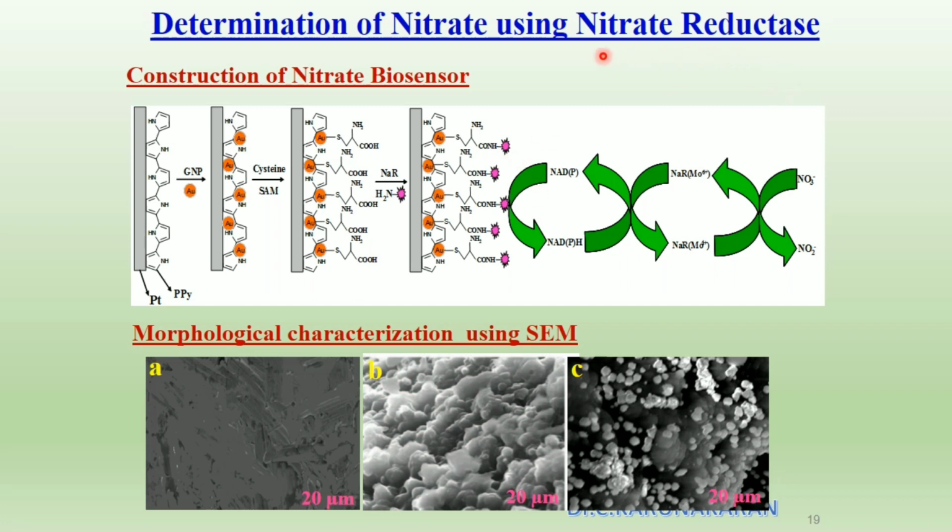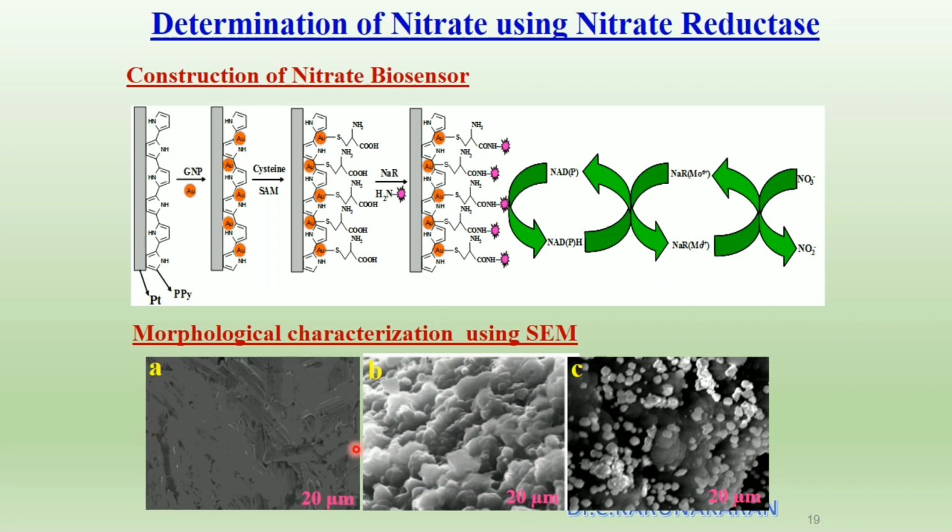We have bioconjugated the electrode with nitrate reductase, and we have measured the nitrate level using nitrate reductase. The enzyme reduces nitrate to nitrite. Due to the redox change, the current response varies.